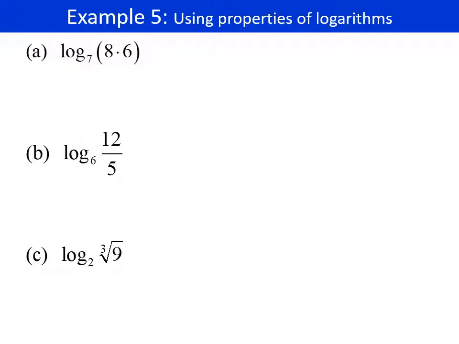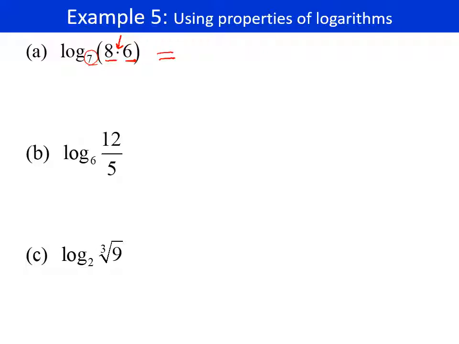The properties of logarithms mimic the properties of exponents. So one property of exponents is when you multiply two things with the same base, you add their exponents. In this first example, we are multiplying two things with the same base.